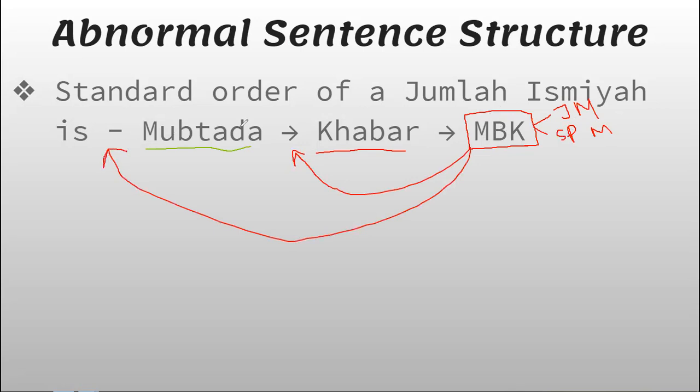The position of the khabar never changes. Khabar always comes after mubtada. But muta'alliq bil khabar can change its position in the sentence. Sometimes it can come before khabar, and sometimes before mubtada also.